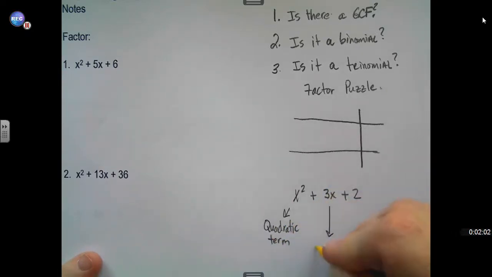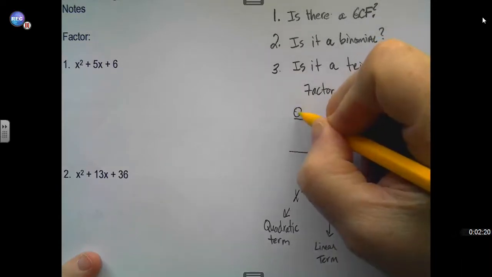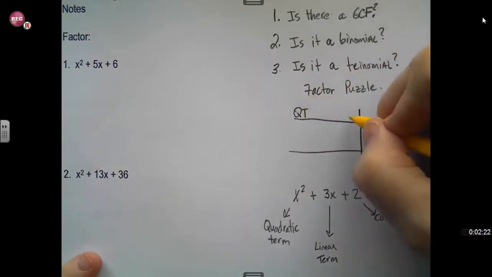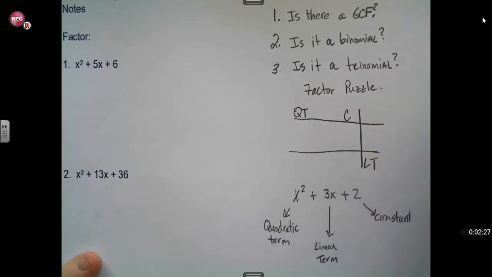This is called our linear term because it's raised to the first power, the x, and this is our constant, obviously, because there is no variable there, or if there is, it's zero power.